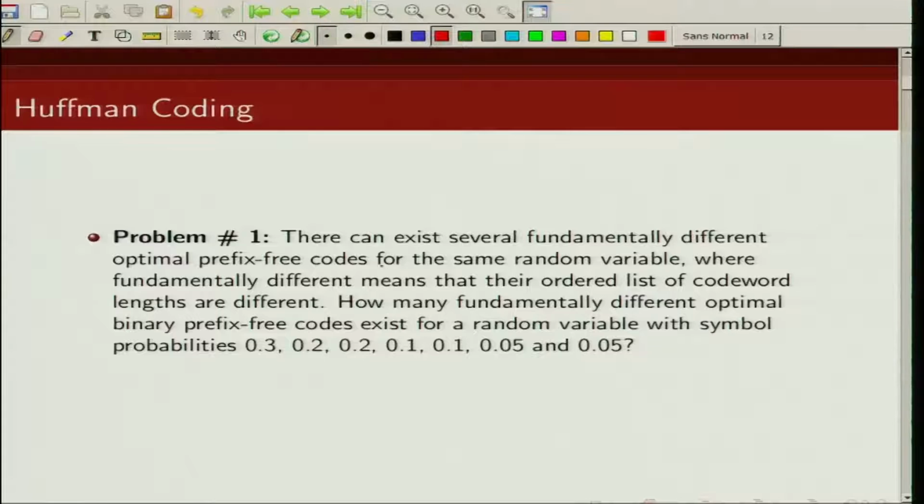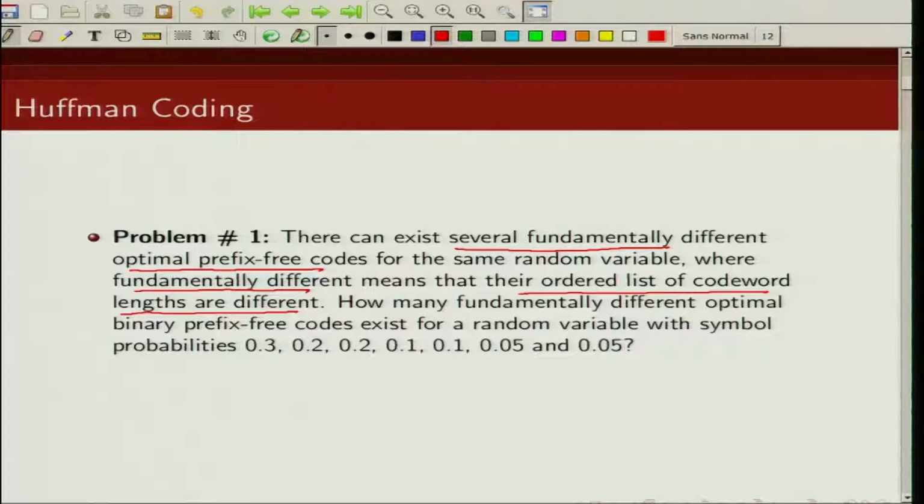There exist several fundamentally different optimal prefix free codes. Now we know Huffman coding is the optimal prefix free code, so there exist several fundamentally different Huffman codes. And what do I mean by fundamentally different? If I write down the ordered list of code word lengths, that is different.